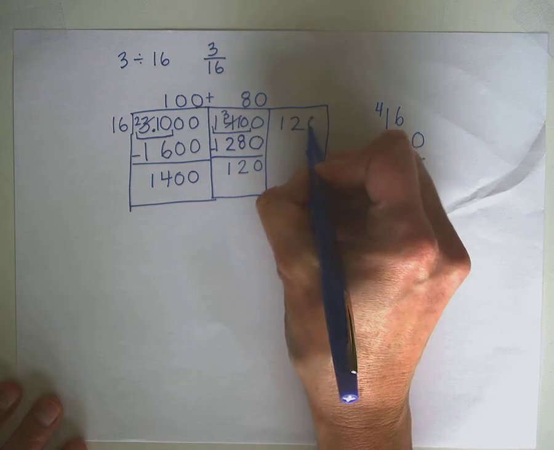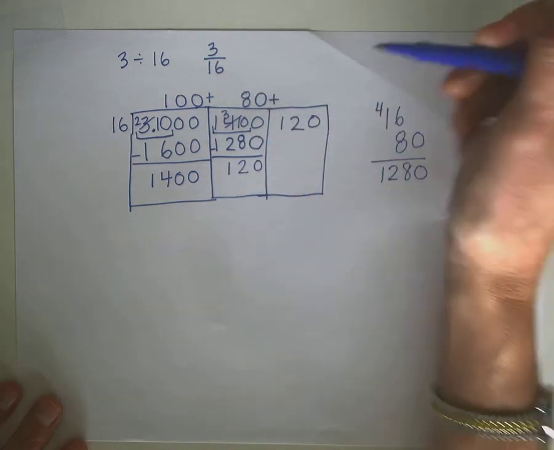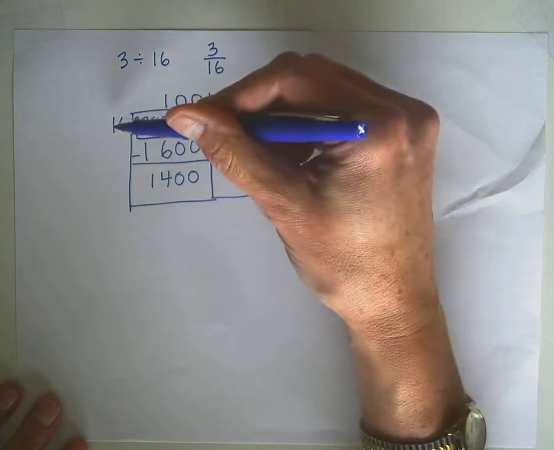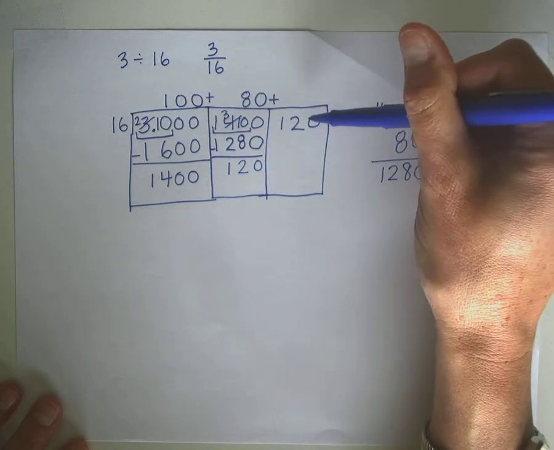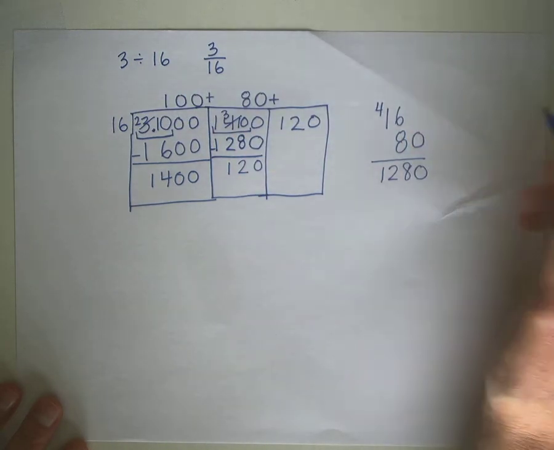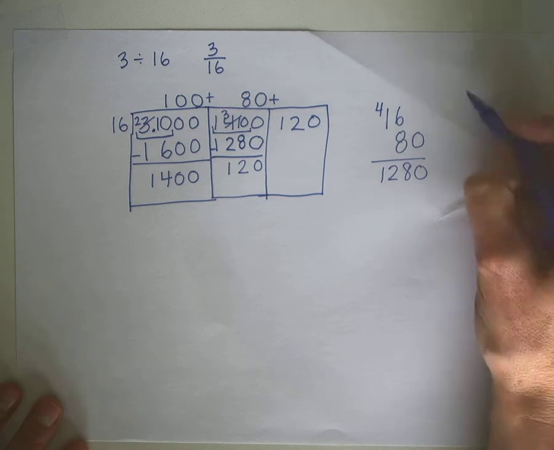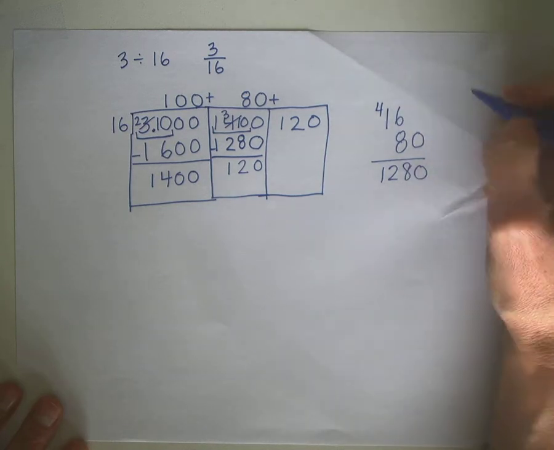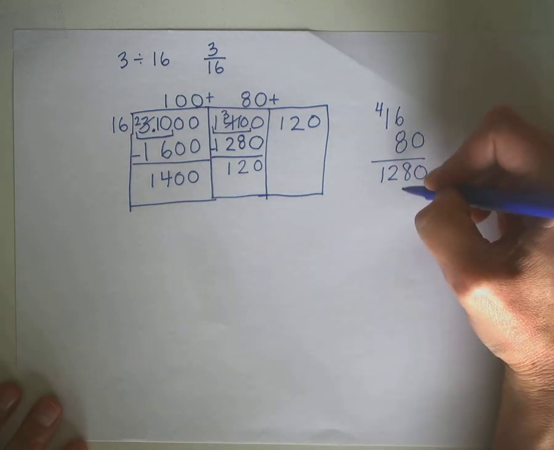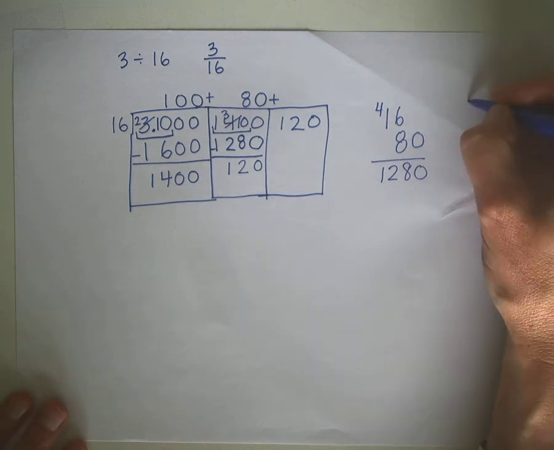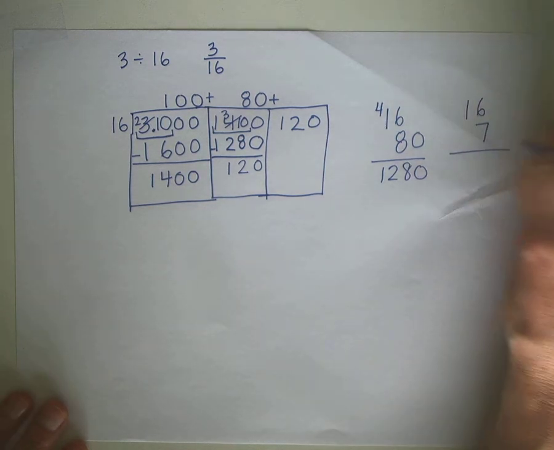120 is what's left over. And so now, okay, 16 into 120. From this time, we know that 16 times 8 was 128, so 16 times 7 is what we're going to need.